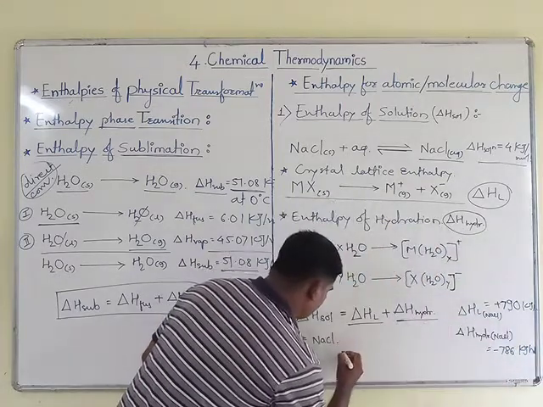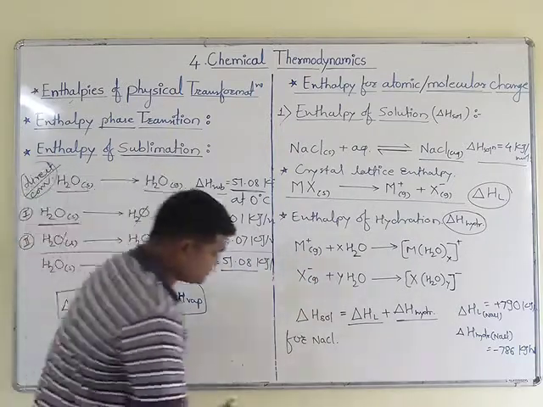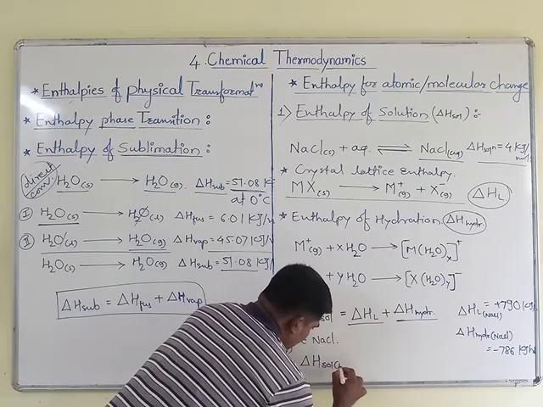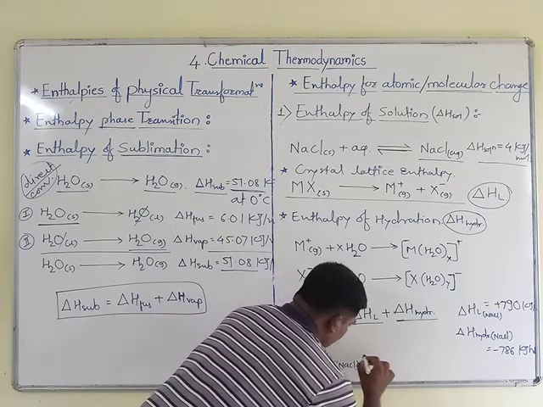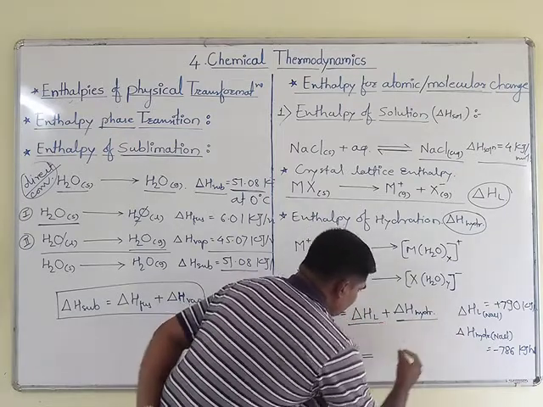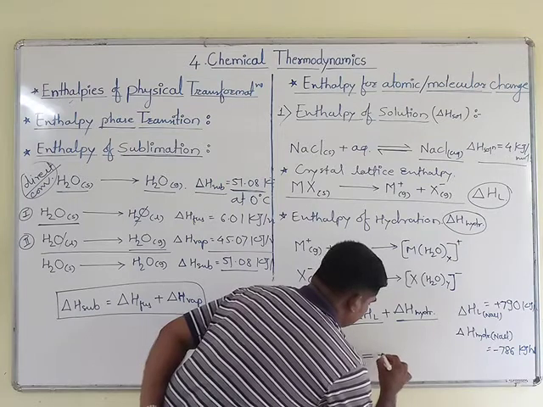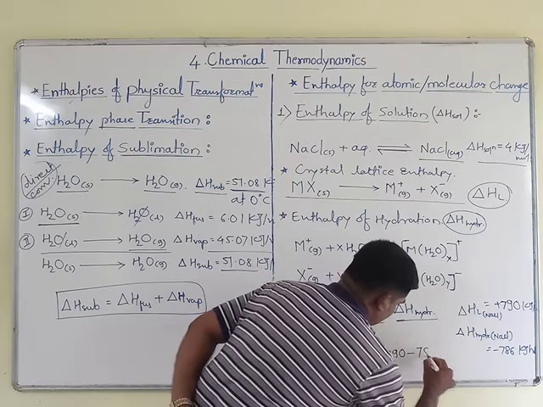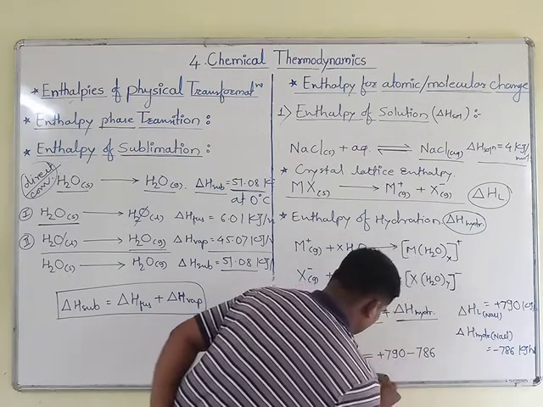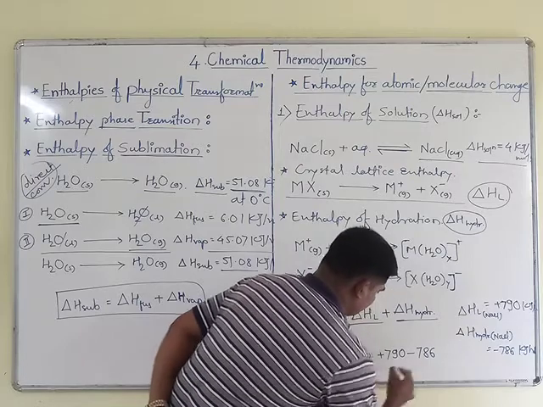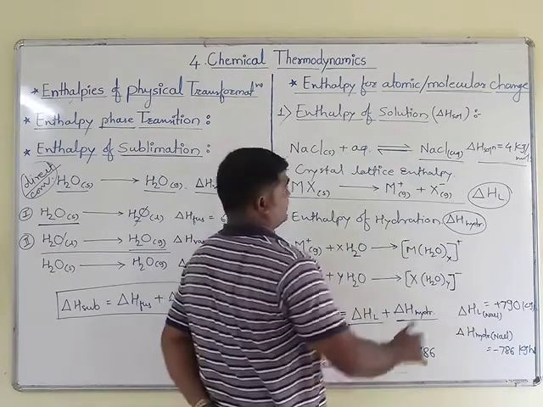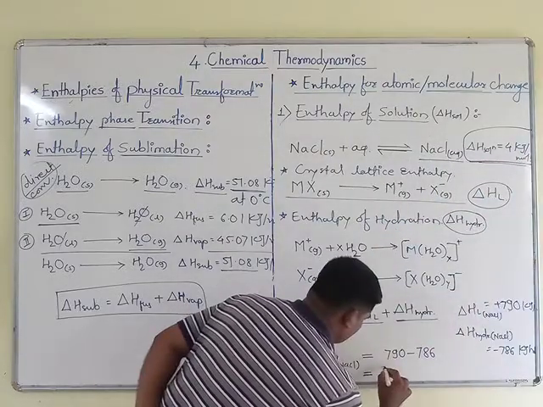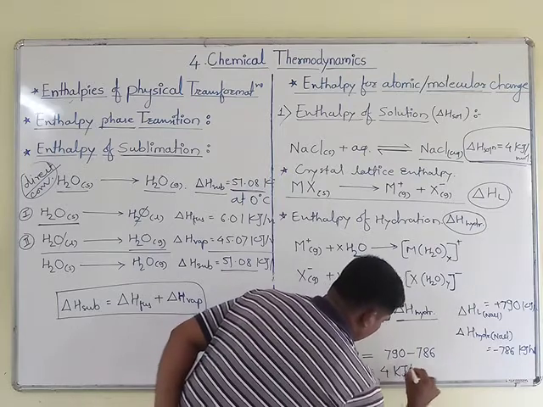If you add both these quantities to calculate delta H solution for NaCl, you substitute plus 790 minus 786, and you get the final answer, 4 kilojoule per mole.